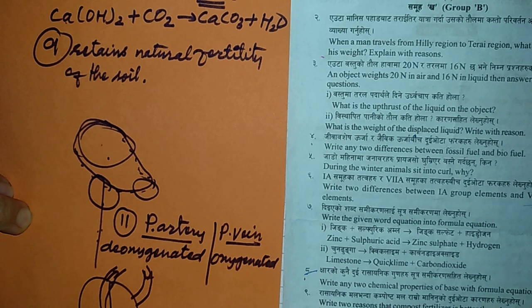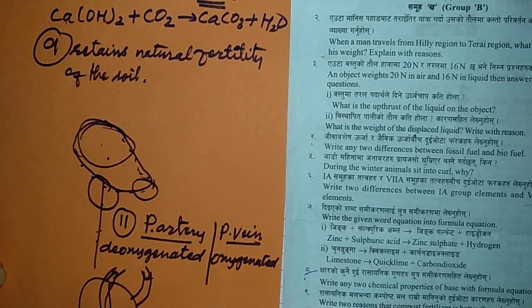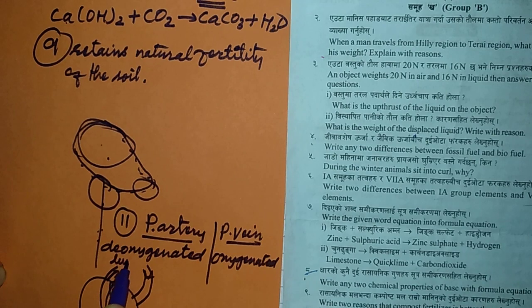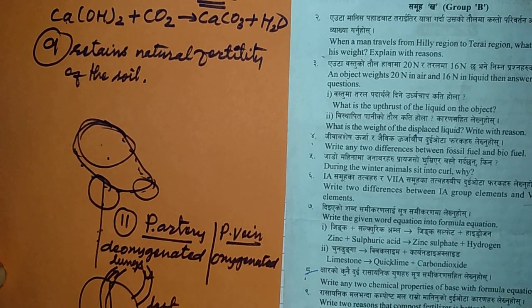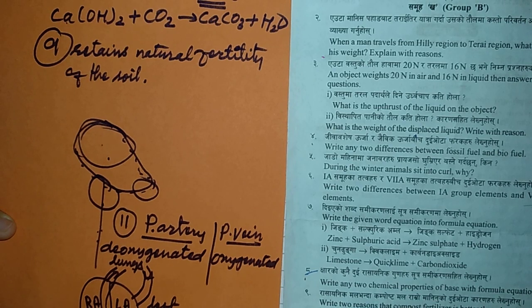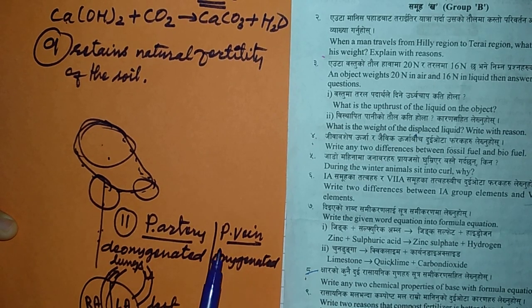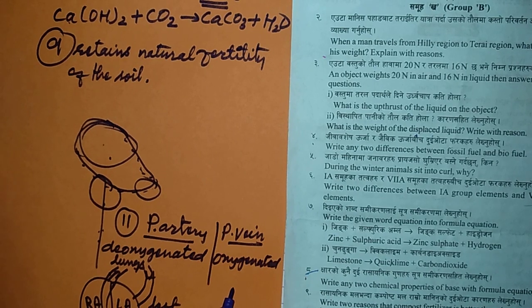So pulmonary artery carries deoxygenated blood from right ventricle to the lungs, whereas pulmonary vein carries oxygenated blood from lungs to left auricle. This one is left auricle, this is right auricle, this is right ventricle, this is left ventricle. These are the two differences.